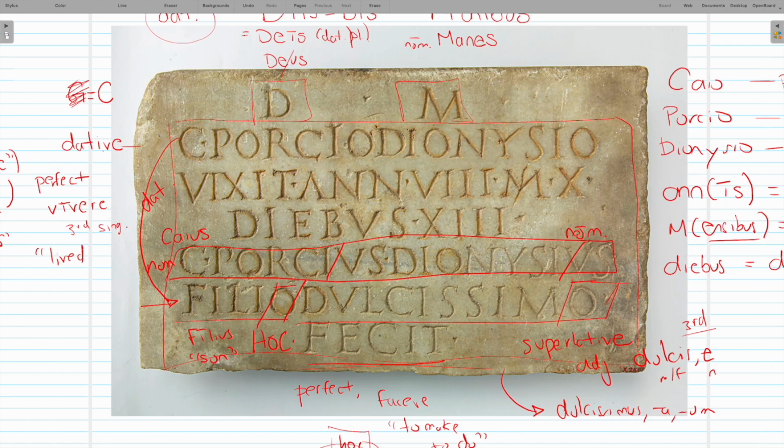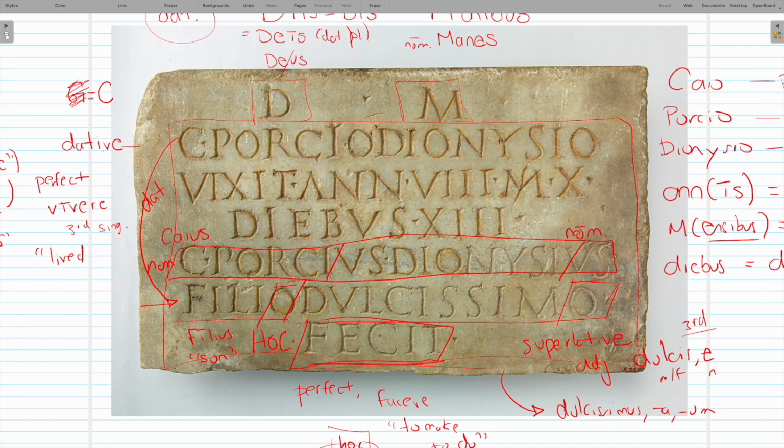Then you will have something like fecit. This is very typical, that is made, agreeing, obviously, with the nominative of the sentence. And then you're going to have the dative of the person who died, because that's the person it's dedicated to or for, in this case, the son of this Caius Porcius Dionysius, who was named after him, so they share the same name.